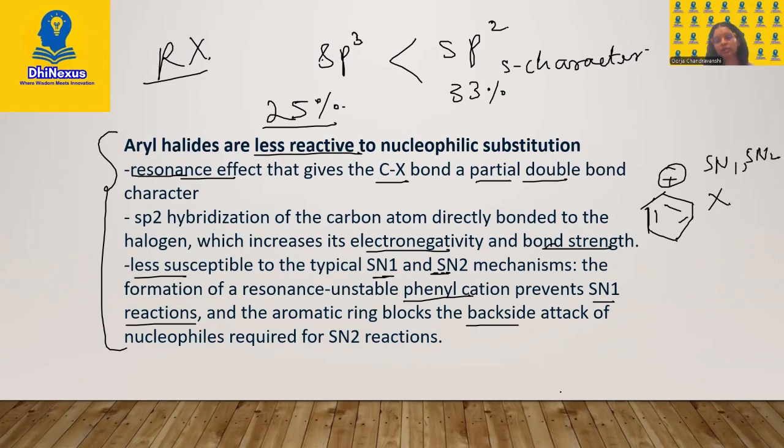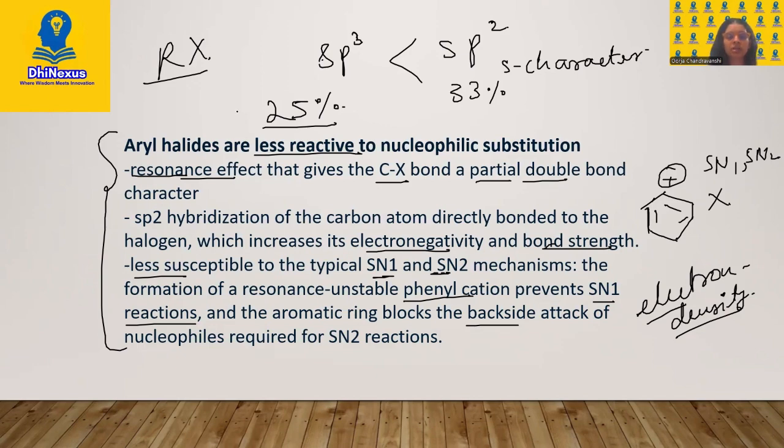One more point that I would like to highlight is that aryl halides are already dense with electrons. They have high electron density. So they will show repulsion with a nucleophile, which is also packed with electrons. It will cause a repulsion between the nucleophile and the aryl halide.